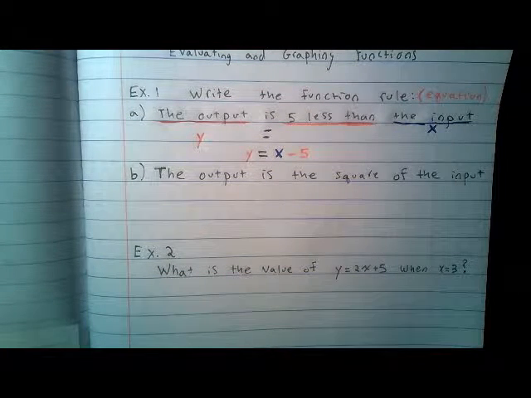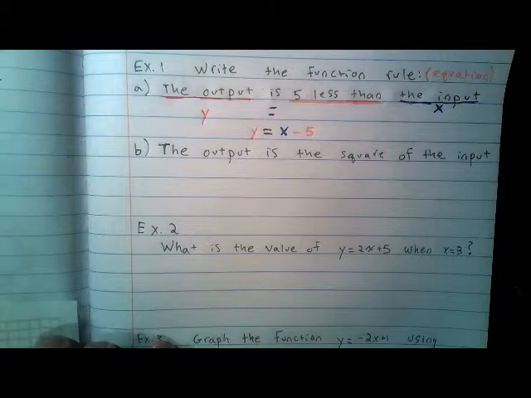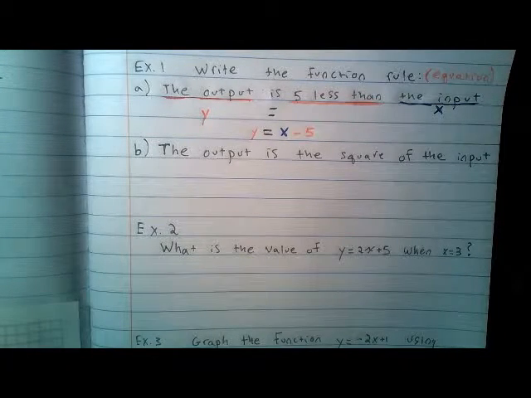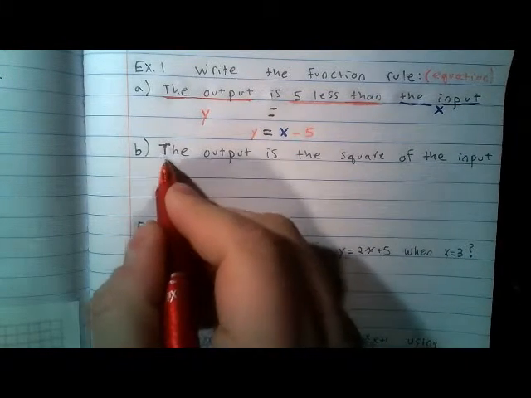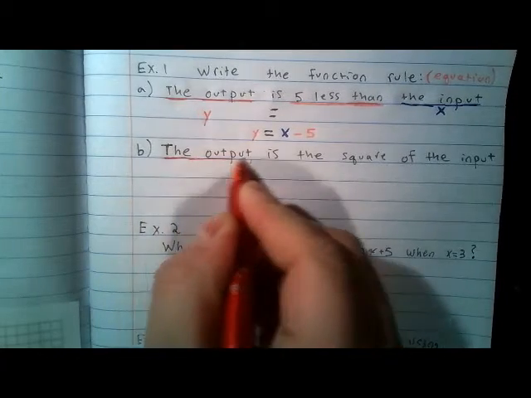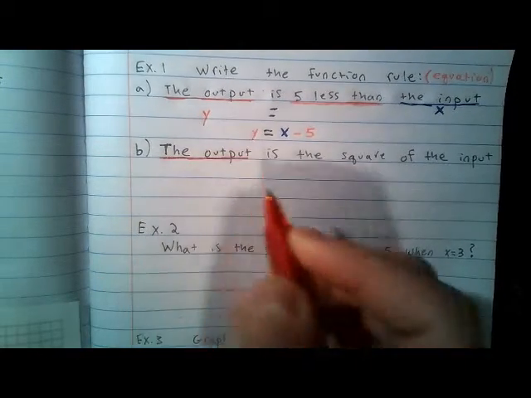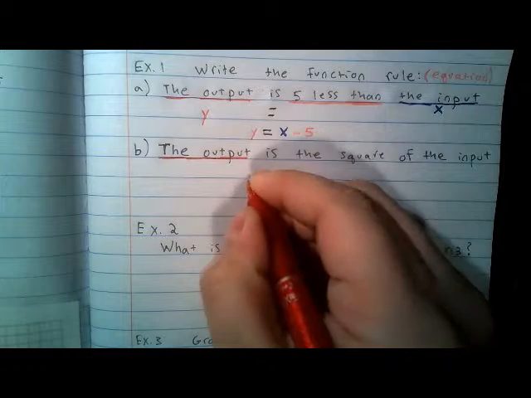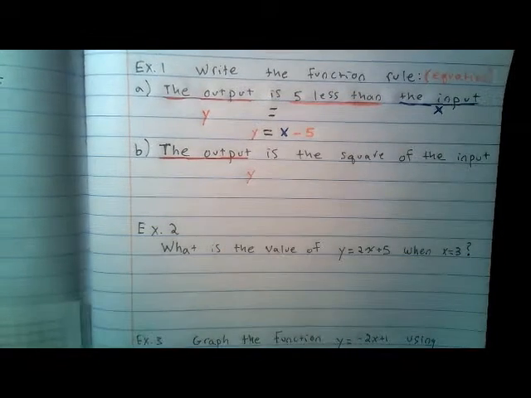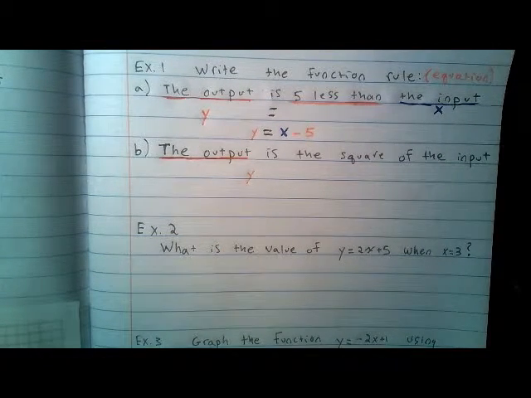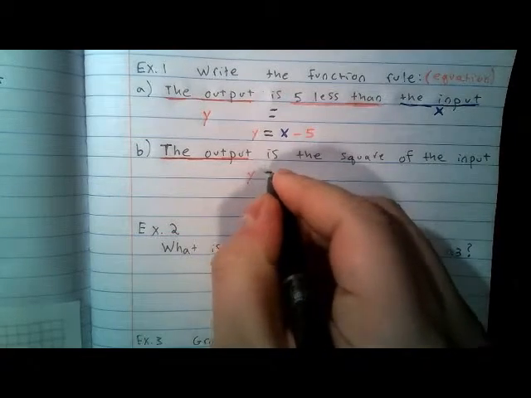Part B is very similar. The output is the square of the input. So again, I know that the output is my y. So I'll have a y, then my equal symbol, equals.